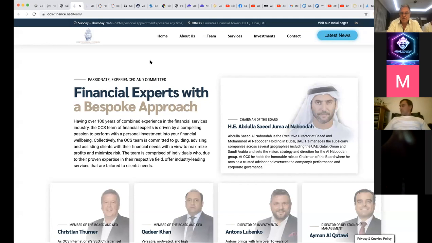When you are making a due diligence or your own check control over this concept, I strongly recommend you not just look at the partners we have, but also at the people that are involved. Make a background check on His Excellency Abdullah Sayed Juma Al Nabuda, because then you will realize that this concept is not just backed by a bank and a very strong group of companies.